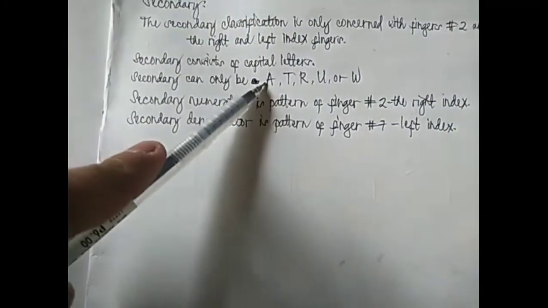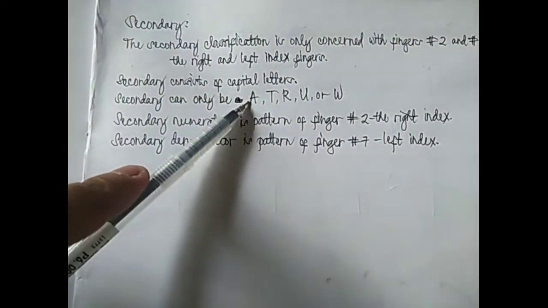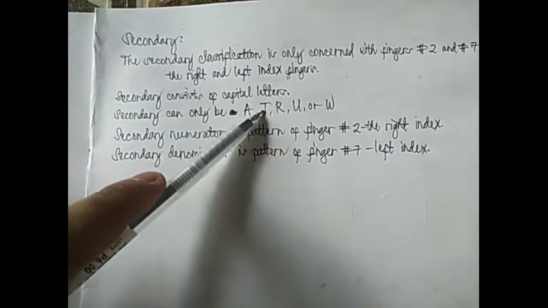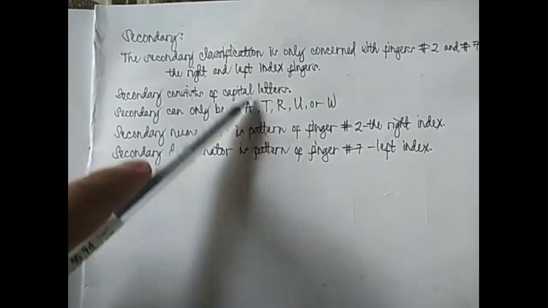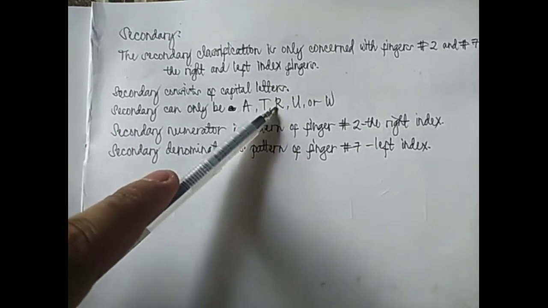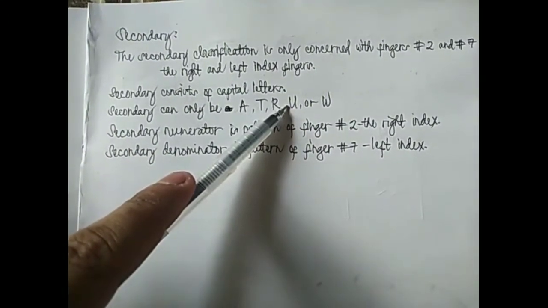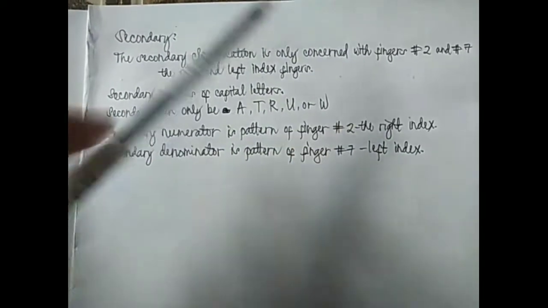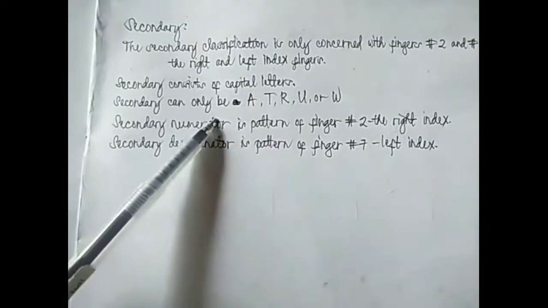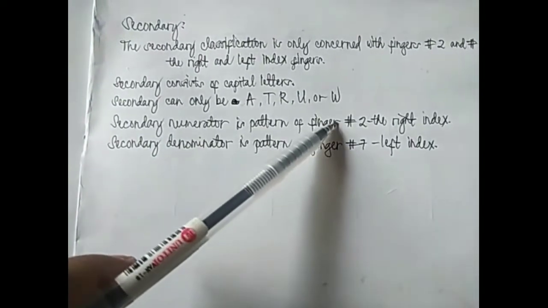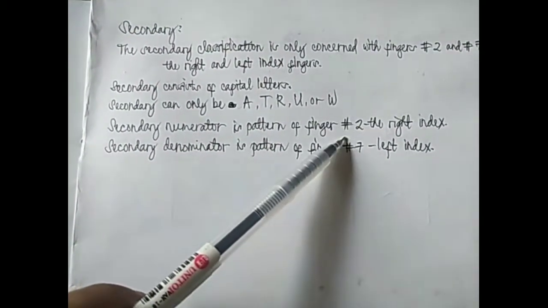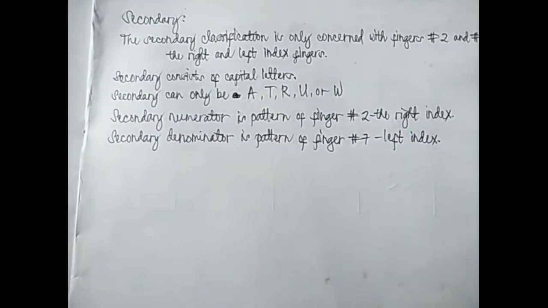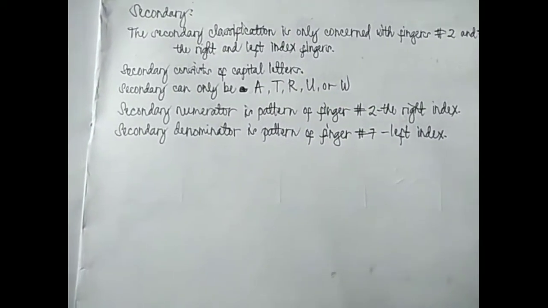Capital A if the right or left index finger is a plain arch, capital T if it is a tented arch, capital R if radial loop, capital U if ulnar loop, and capital W if it is a whorl. The secondary numerator is the pattern of finger number 2 or the right index, and the denominator is the pattern of finger number 7 or the left index.